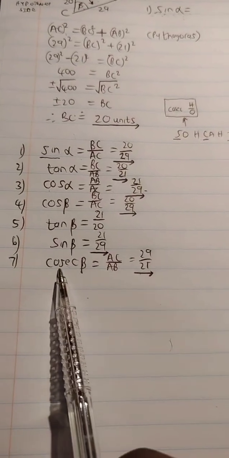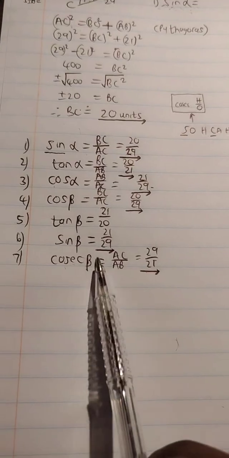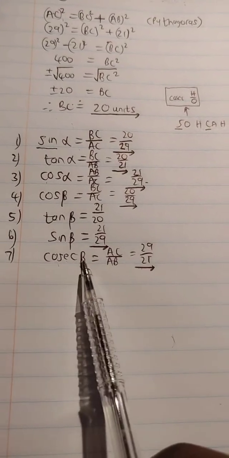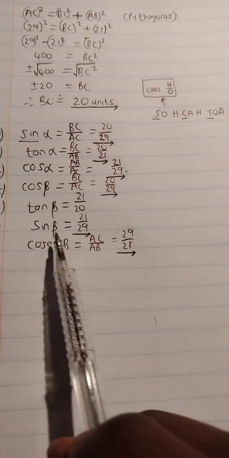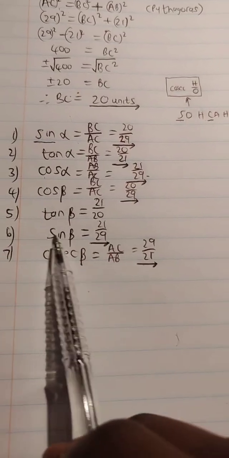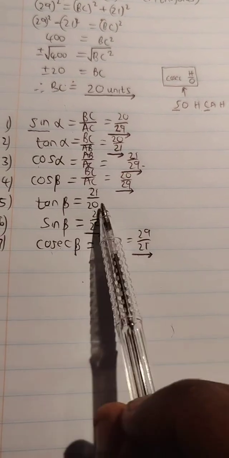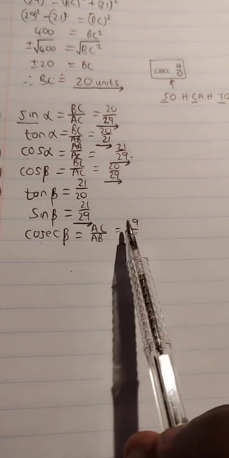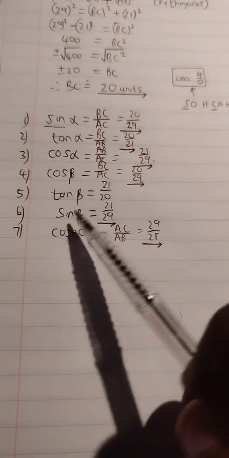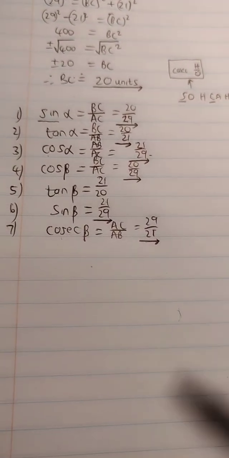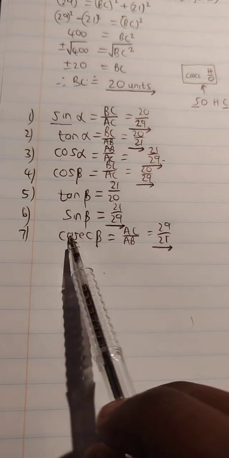No. This, guys, is how we express the trig ratio cosec. All right, 29 over 21. It is the inverse of sine. Sine beta was 21 over 29, but you see cosec is 29 over 21. It's like we flipped the fraction of sine beta around, and that is basically the reciprocal of sine, cosec.